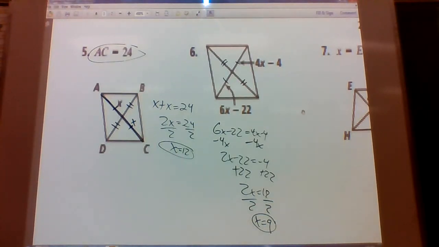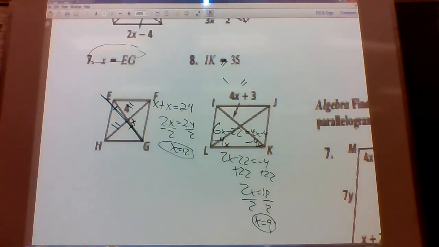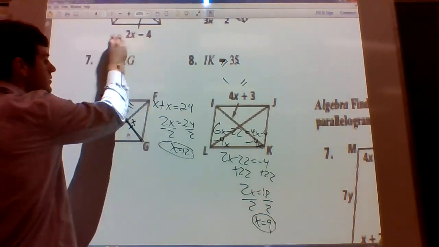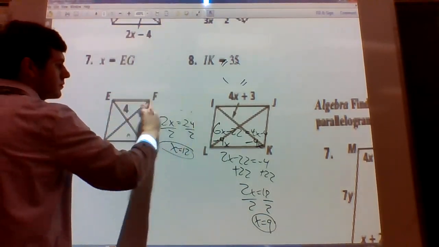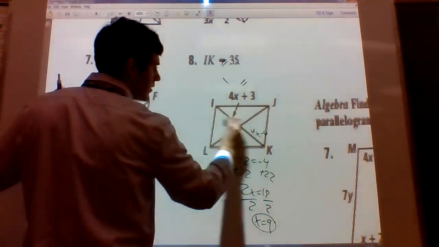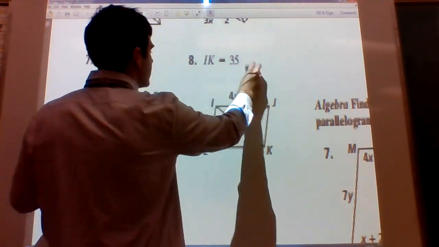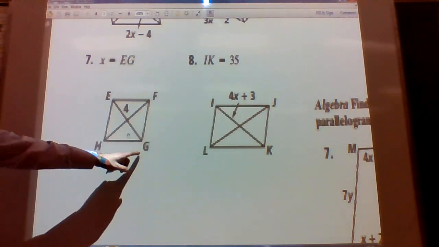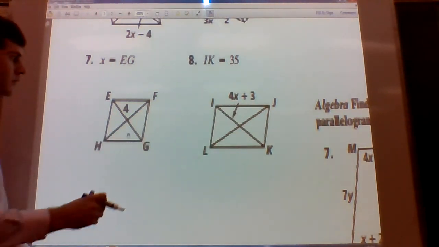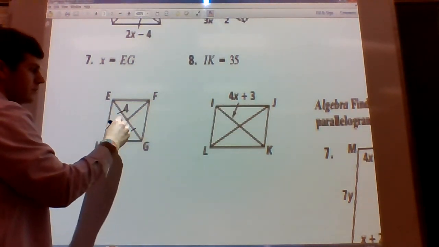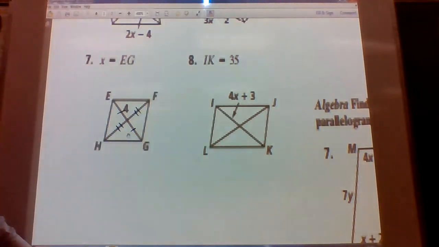7 and 8. It's telling us in number 7 that EG is x. So EG is x. Again, it tells us it's a parallelogram at the top.